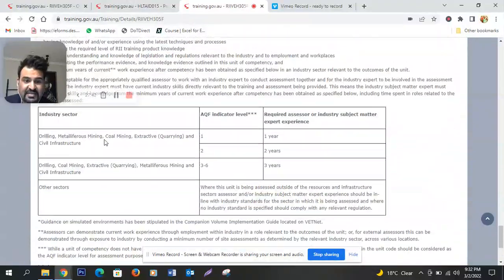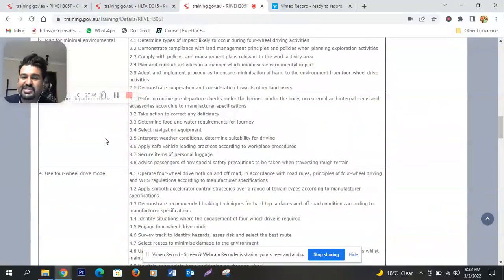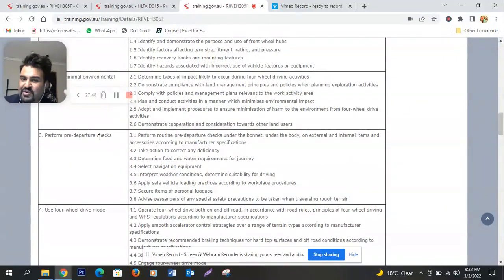Now, the other thing is that they will tell you what sort of unit you are teaching. What is the level of the unit you are going to teach? For example, is it Cert 2 level, Cert 3 level, or Cert 4 diploma level. With that, the requirements of how you write or ask the questions is going to change as well.